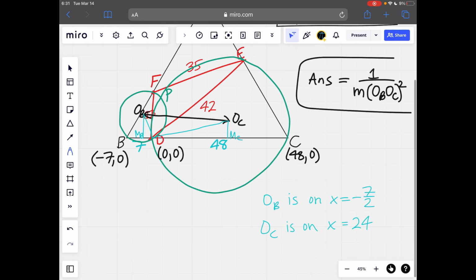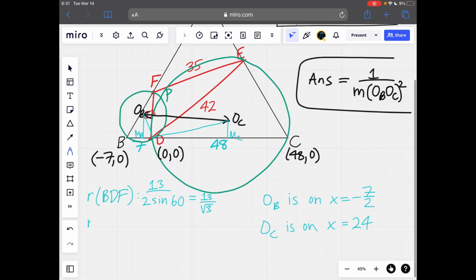Let's now use the extended law of sines to find the radius of those circles. So we have that the radius of the circumcircle of BDF is equal to FD, which is 13, over 2 times the sine of angle DBF, the angle opposite FD, which is just 60. And that turns out to be 13 over root 3.